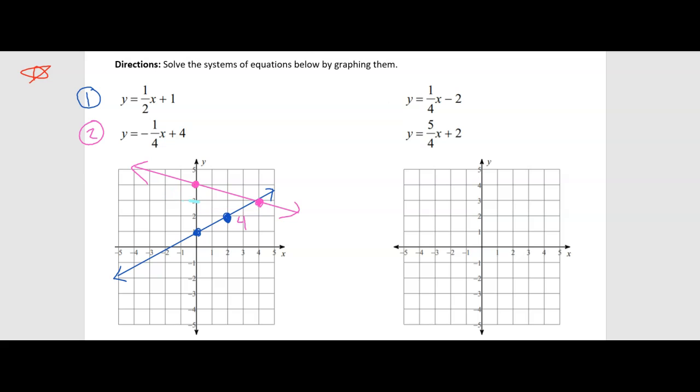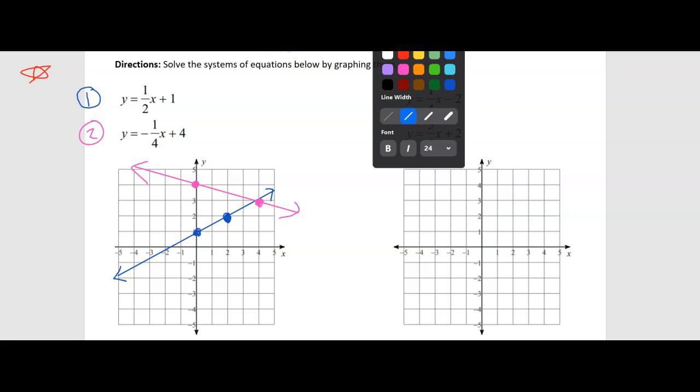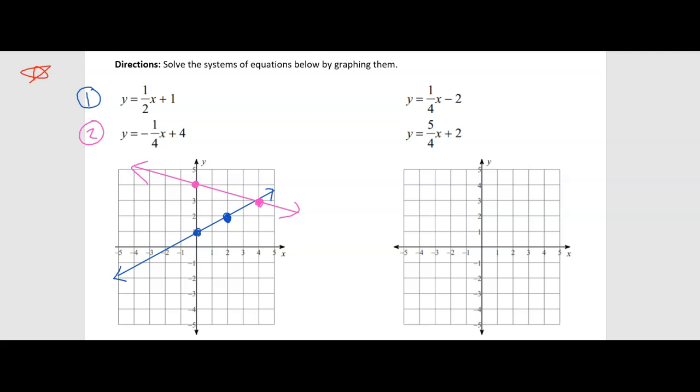So I think we already start to notice something right away. We notice that these lines share a single point, that point being right here, 4, 3. Well, this is the solution to this system of equations.